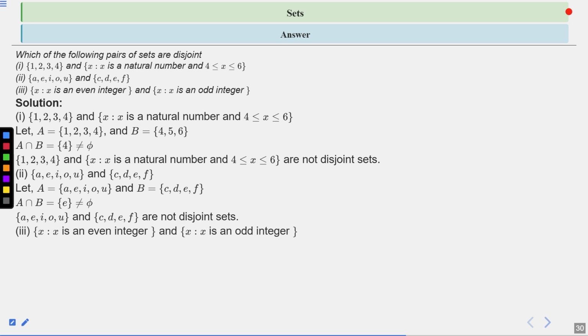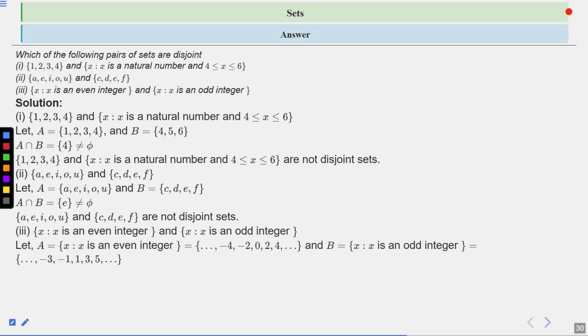And in third, try to write these two sets in roster form. For first, you will have your elements as 0, plus minus 2, plus minus 4 and so on. And for B, you will have 1, plus minus 1, plus minus 3 and so on. Clear? Now A intersection B will be the empty set. Why?